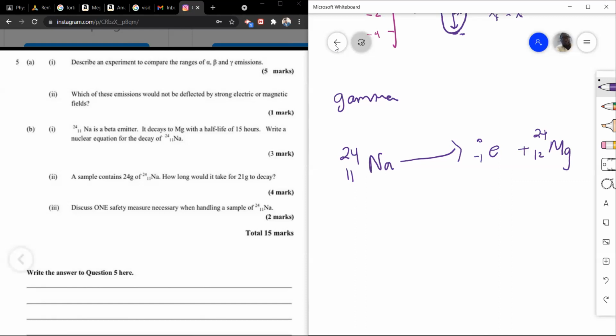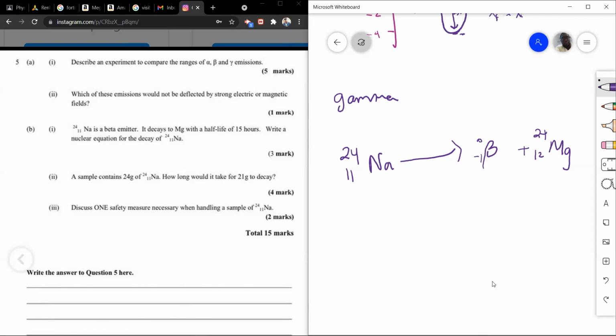That's what we would write for this. Or instead of writing the electron, what could we have written? The beta symbol. It's a fancy B. Cool? Yes, sir. Don't let them giving you half-life info throw you off. You don't want a time on this arrow right here. This right here is going to be a nuclear equation.